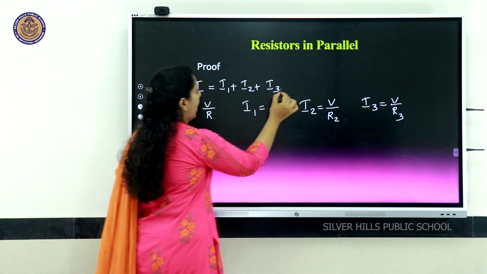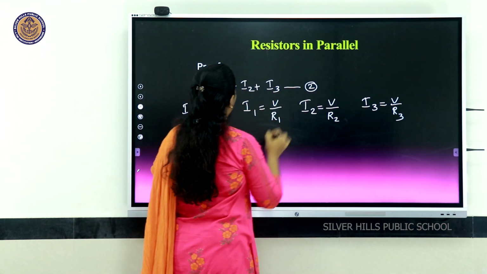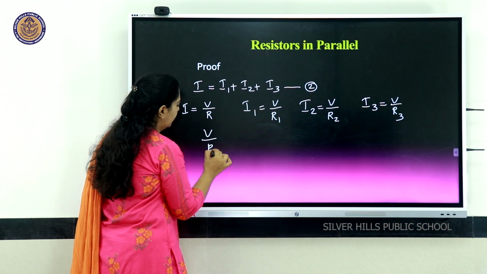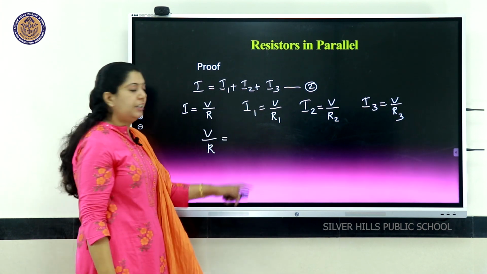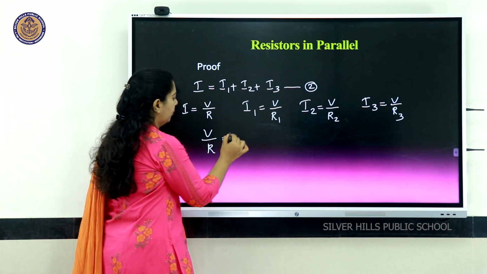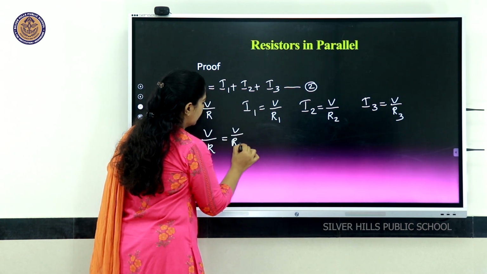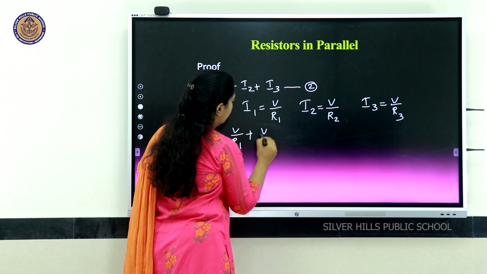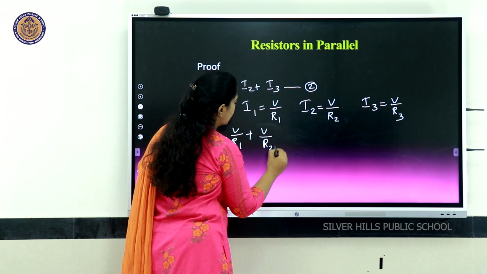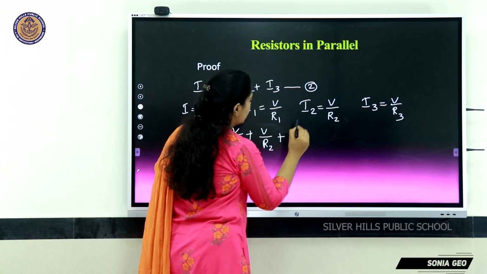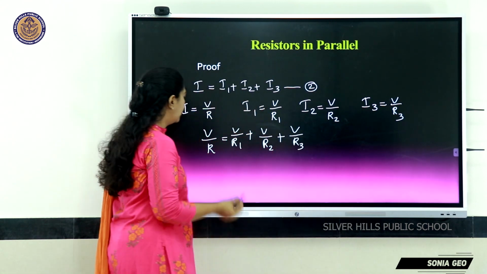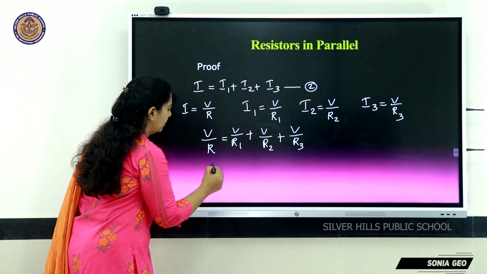Substitute all these values in equation number 2. We can write V by R is equal to I1, which is V by R1, plus I2, which is V by R2, plus I3, which is V by R3. Here the term V is common.